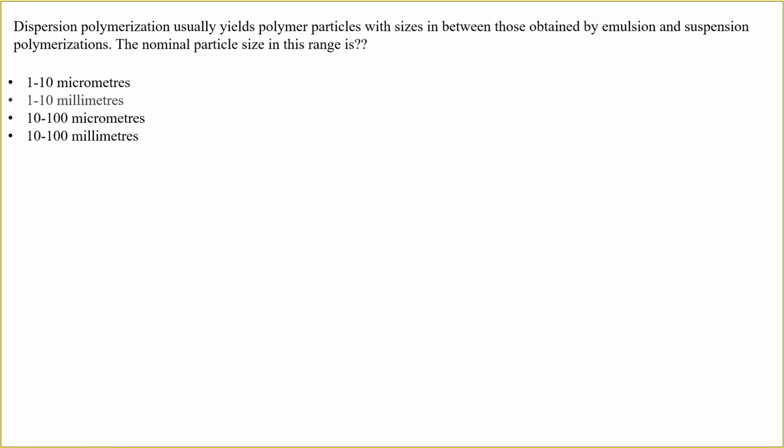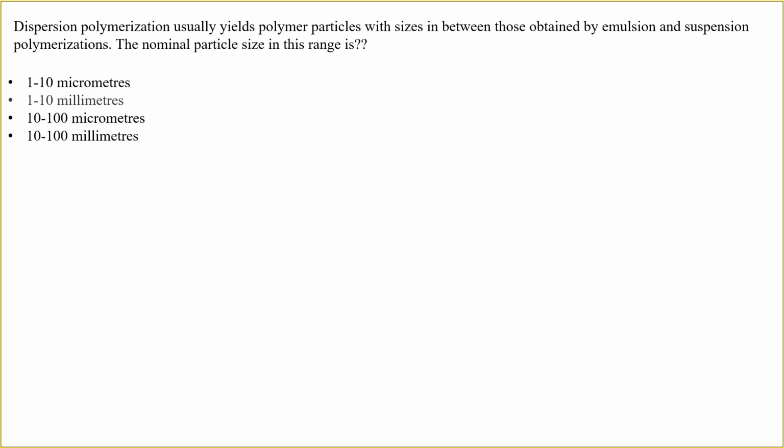In dispersion polymerization, the process usually yields polymer particles with sizes in between those obtained by emulsion and suspension polymerization. What is the nominal particle size in this range? If you have gone through the common description of emulsion and suspension polymerizations, you will know that the entire range of emulsion and suspension polymerization lies between micrometers and millimeters, 1 to 10 micrometers and 10 to 100 millimeters.